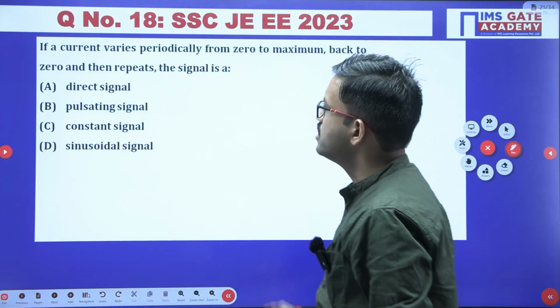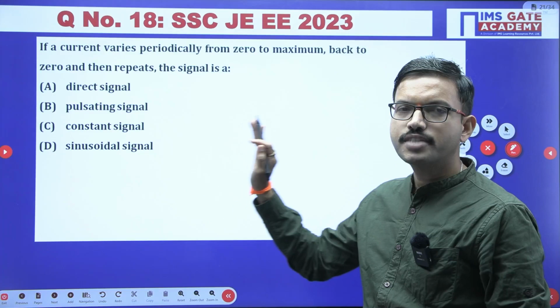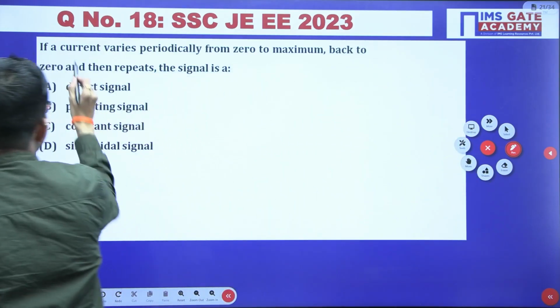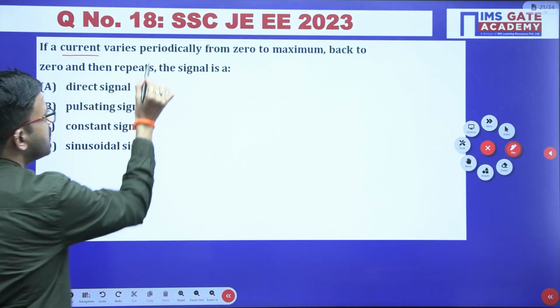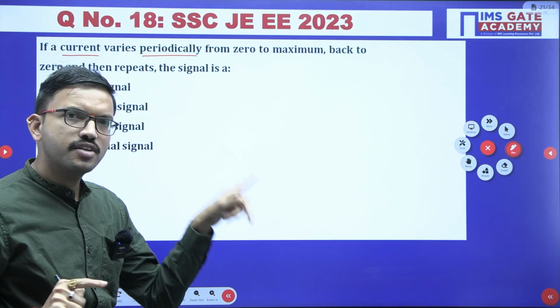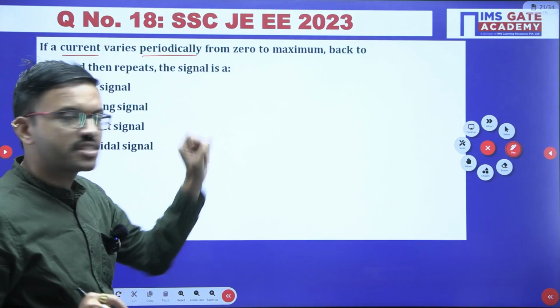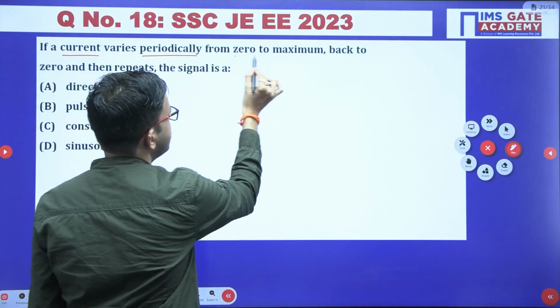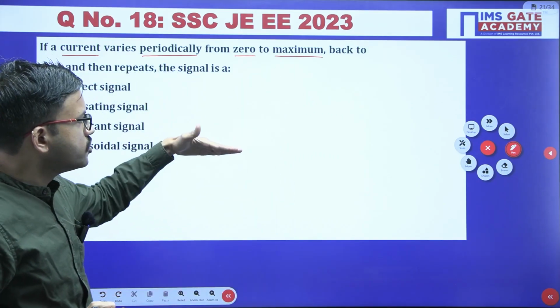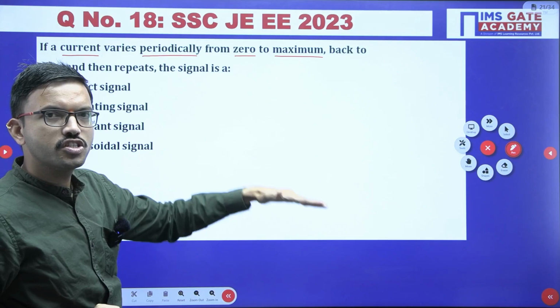In this question, the earlier question was also with respect to current and this question is also with respect to current, but there is a slight difference. Here the current varies periodically. Earlier also periodically, here also periodically, but now there is a twist. You can observe it is changing from 0 to maximum. You have 0 and then maximum, 0 maximum, 0 maximum, like that.